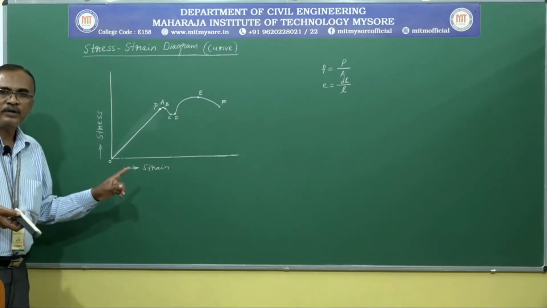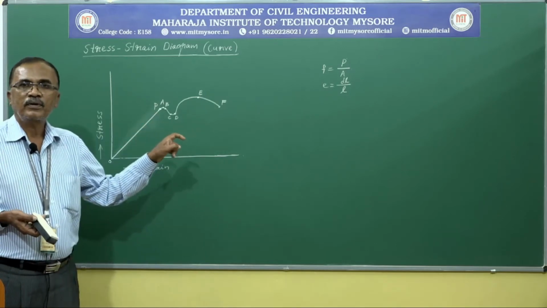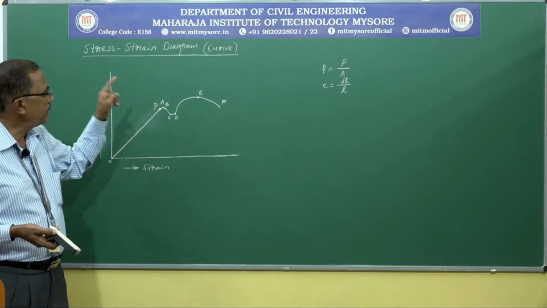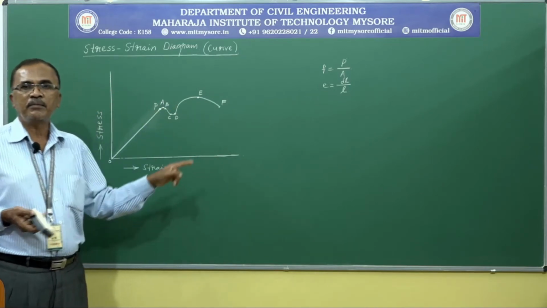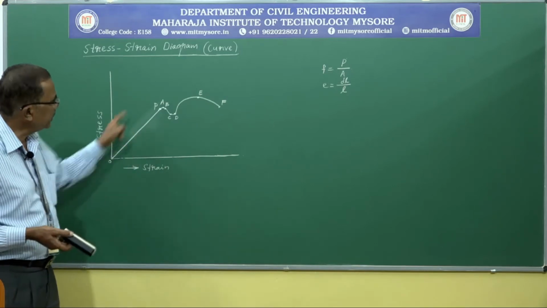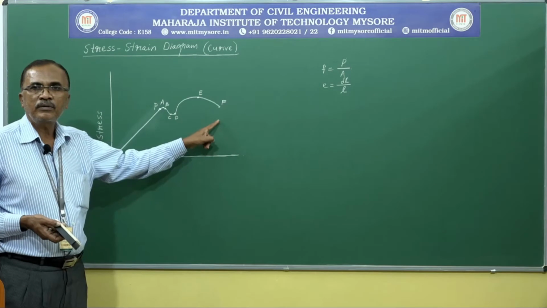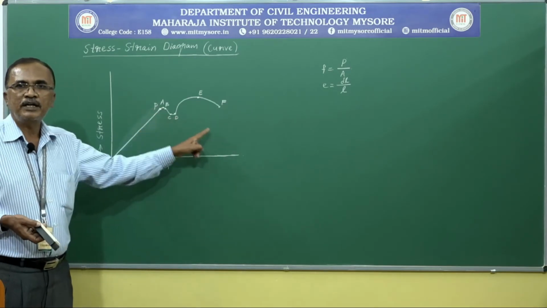Figure shows a typical stress strain curve obtained by conducting a tension test on a ductile material, namely mild steel. So, this is a typical stress strain diagram or curve for a ductile material such as mild steel.